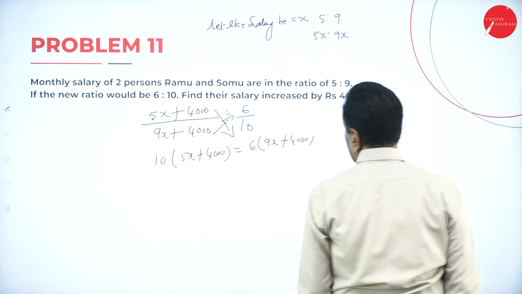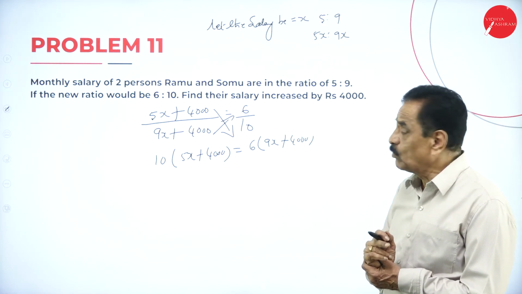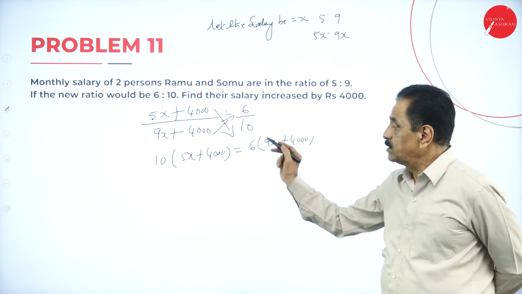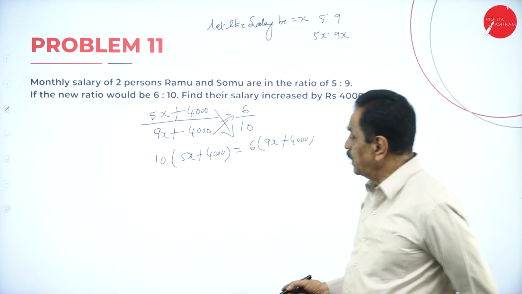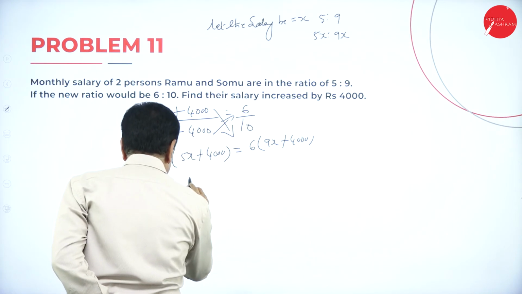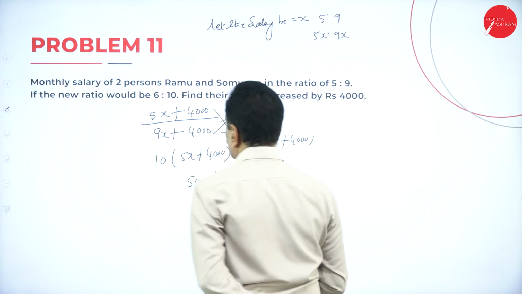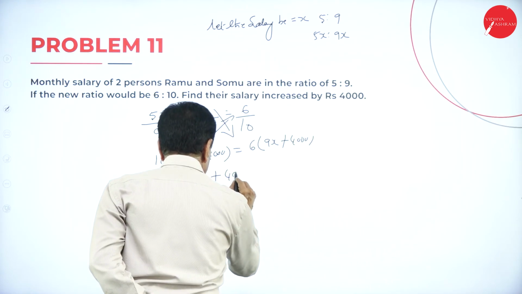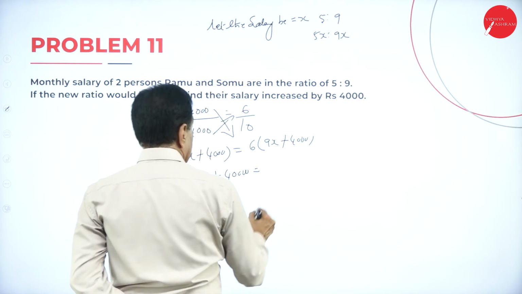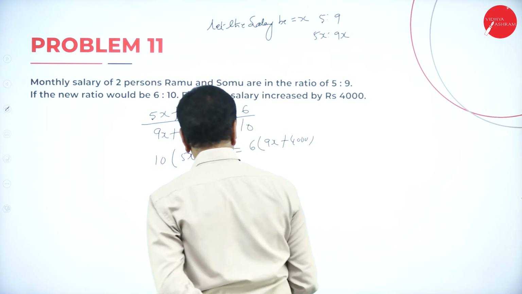Cross multiply, 10 into 5x is 50x plus 4,000 into 10, 40,000. 6 into 9, 54x.